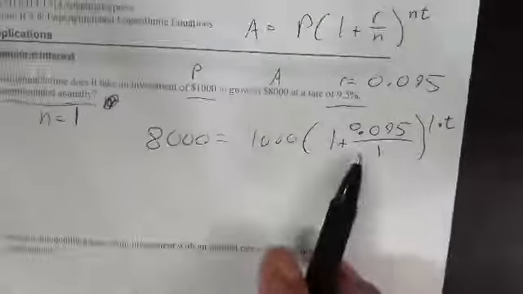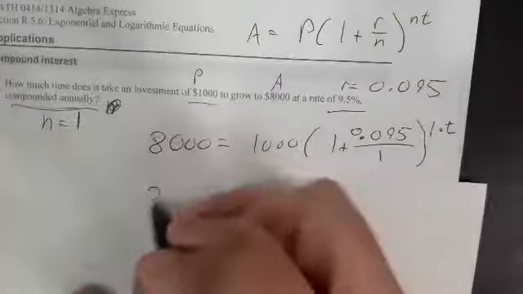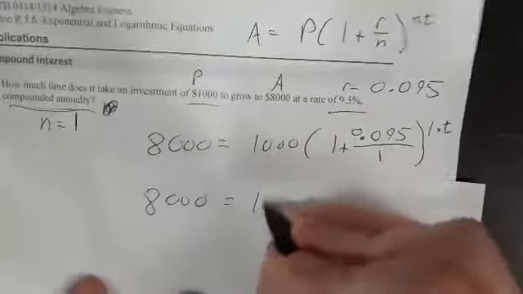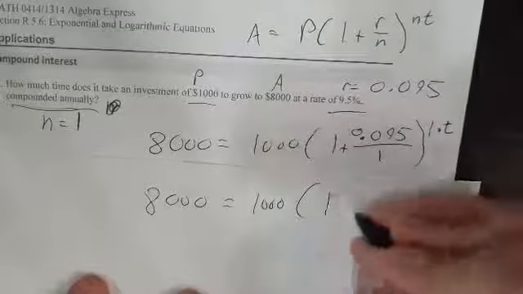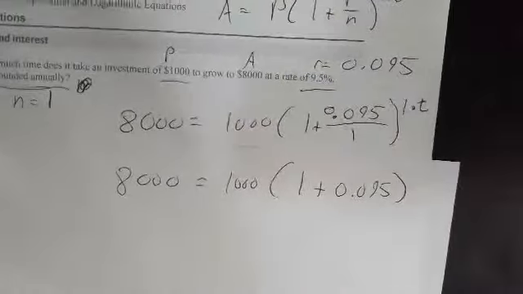Okay, so there's maybe a little bit of quick cleaning up. Since they gave us N equals 1, we should be able to do that pretty quick. 1 plus 0.095 is 1.095. We divide it by 1, it's still 1.095.